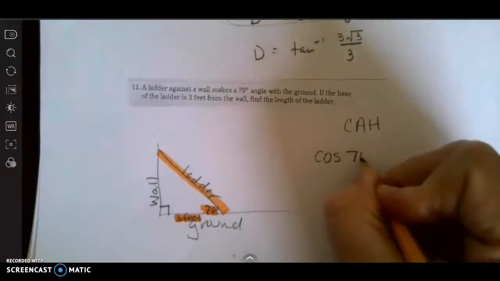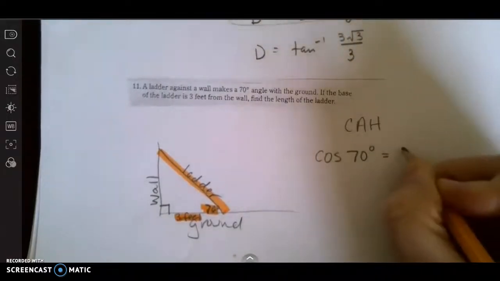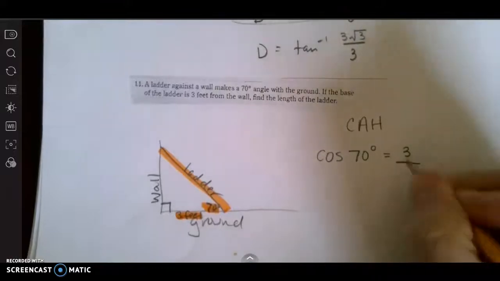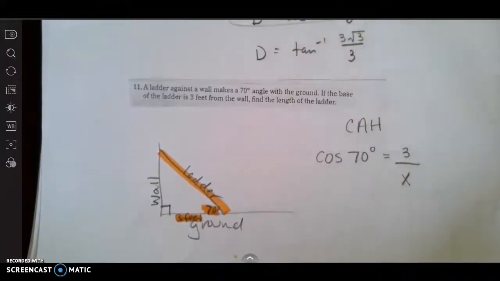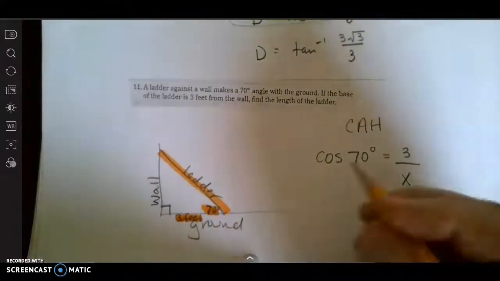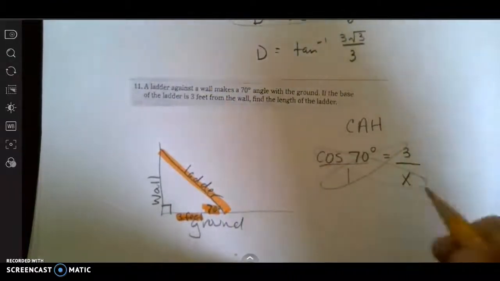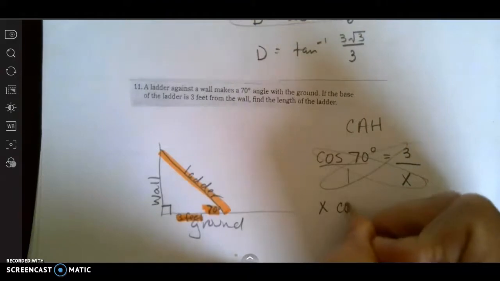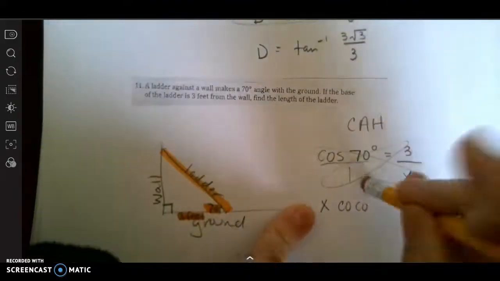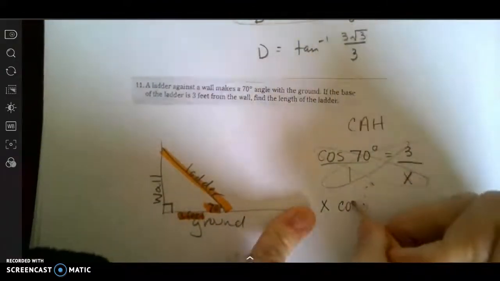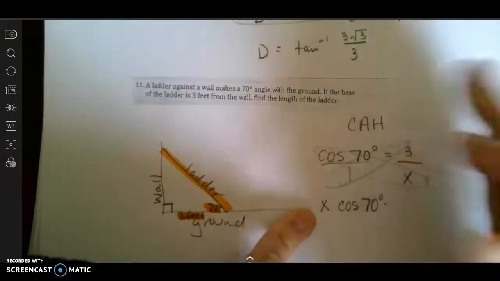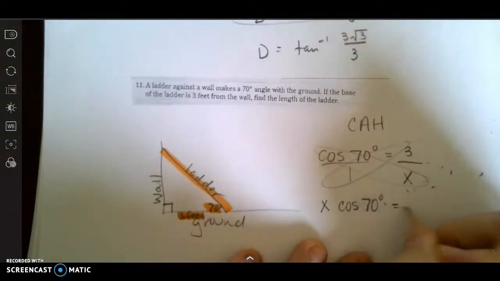Cosine of 70 degrees is equal to 3 over x, because I don't know what the ladder is. Like I said, I cross multiply. X times the cosine of 70 degrees is equal to 3.